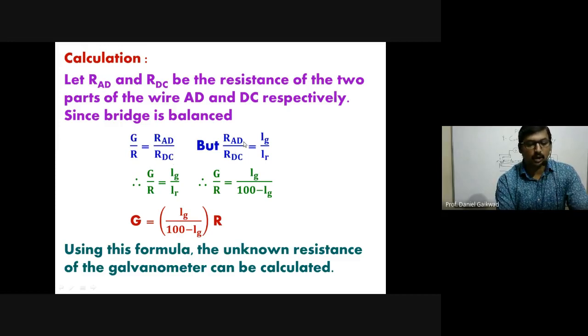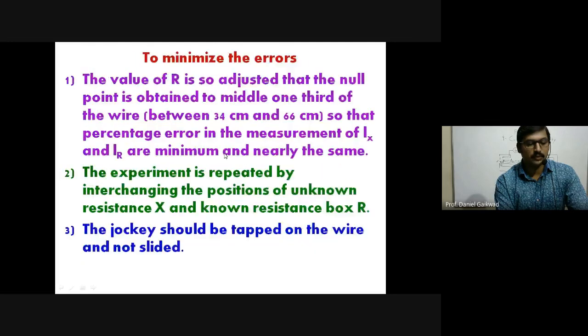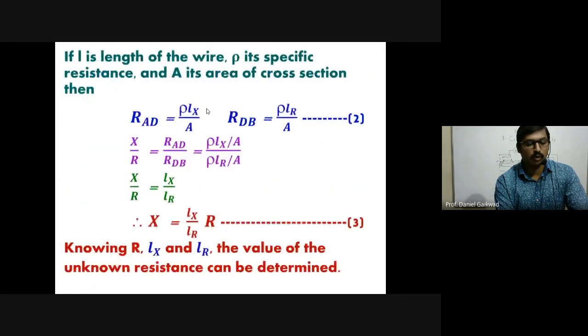Now, according to the concept, resistance depends upon length, area of cross section, and resistivity. We have RAD divided by RDC equal to LG upon LR. That formula we have as a reference from the meter bridge. Check carefully where we have used that formula.